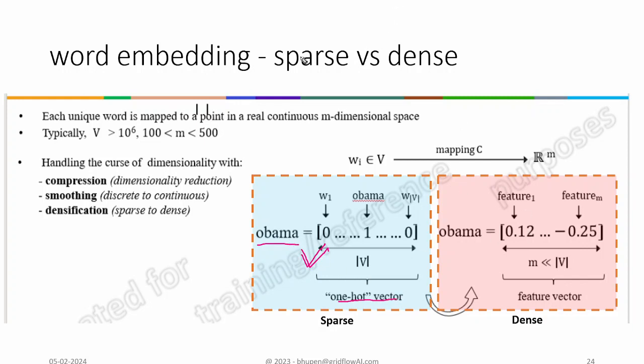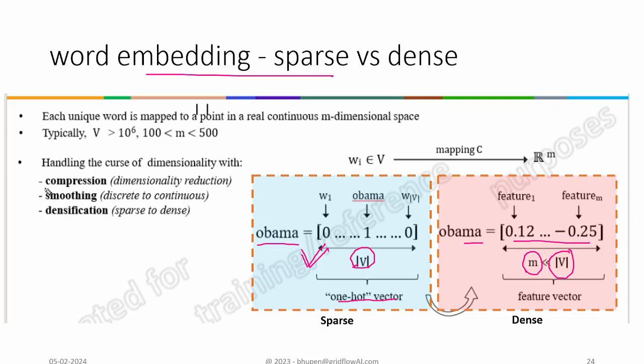But in case of word embedding, the same Obama word or token will be represented using continuous values, and all elements or all positions will have some real value here. Now, the advantage here is the number of dimensions of the vector will be much lesser than the dimension of the vector in case of the one hot vector.